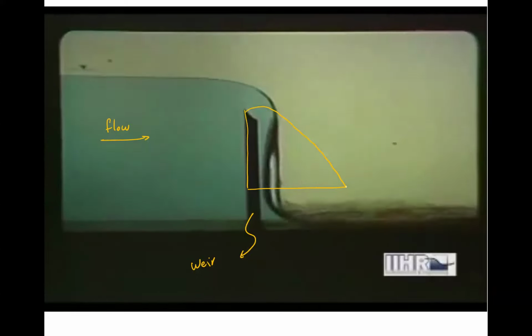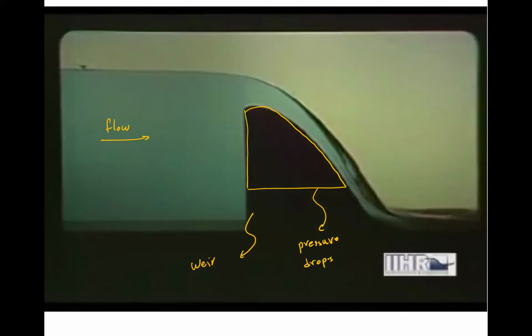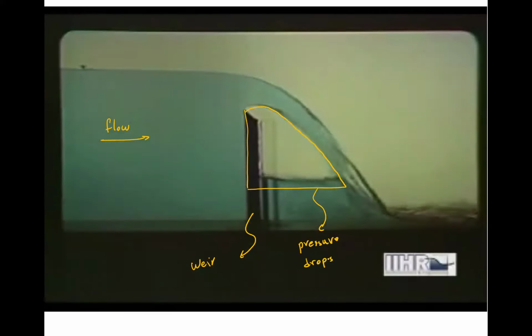And over time, pressure in here goes down. So pressure drops, let's say. As pressure goes down, you get subatmospheric pressures. So that means like suction. So the pressure goes down. So the jet, see, this is the initial stage, is pulled towards the weir.